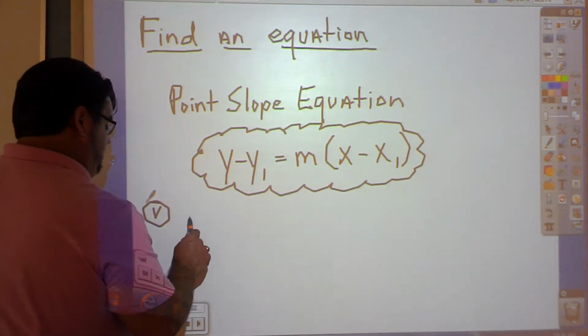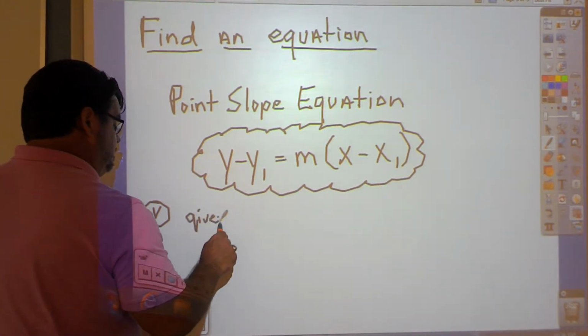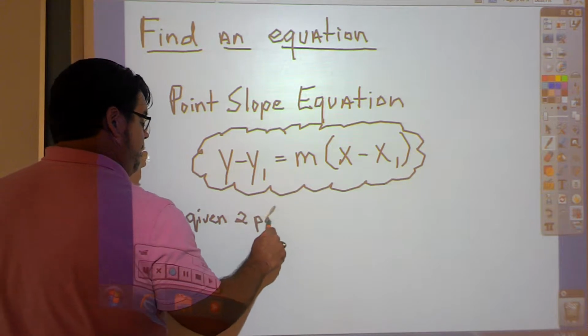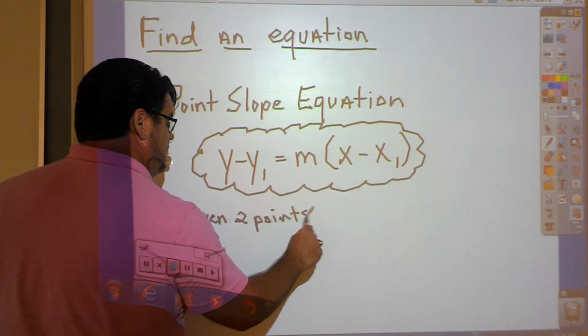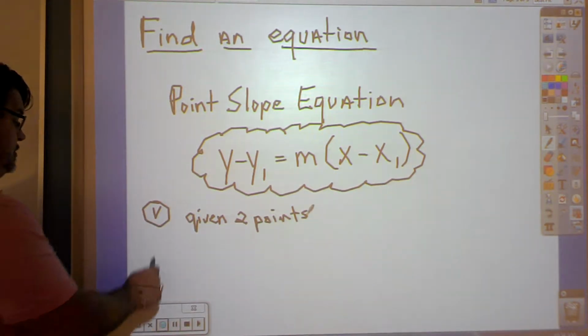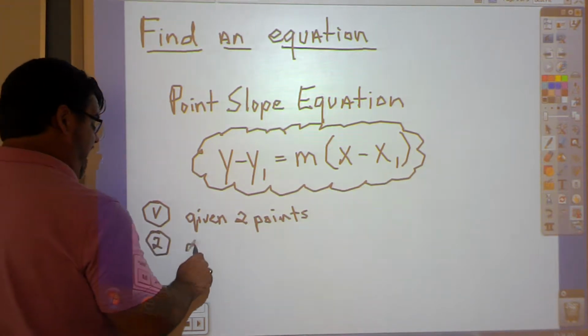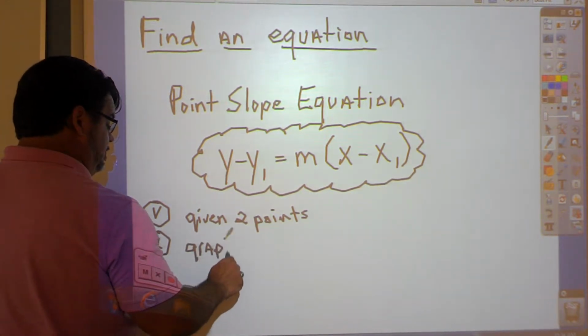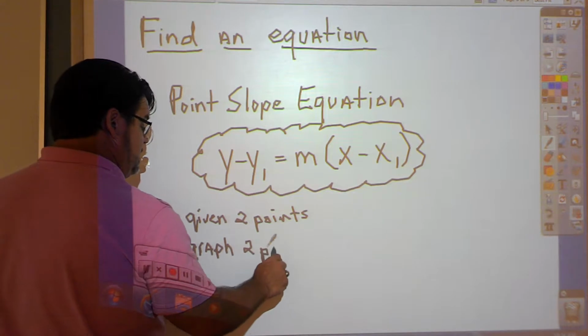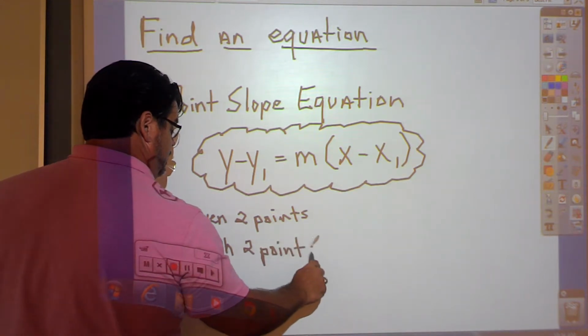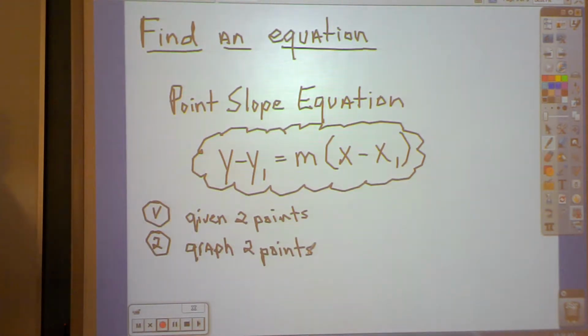One, you're going to be given 2 points. Two, a graph with 2 points, just like I showed you before. The green points.